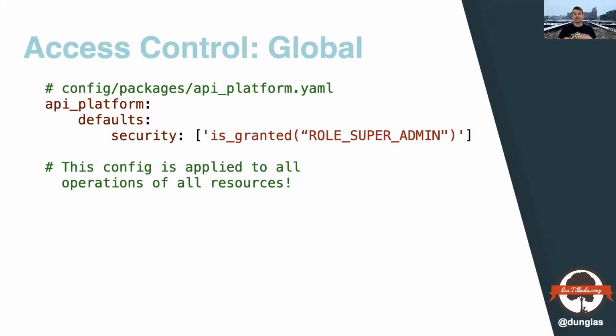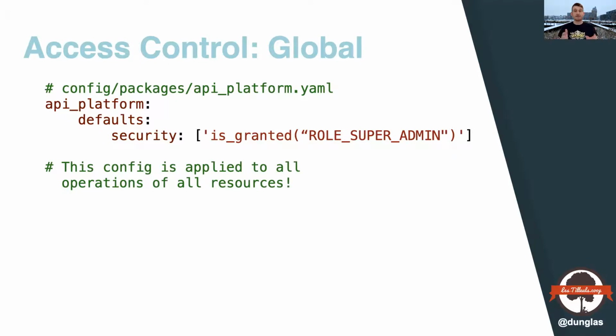Even in previous versions of API Platform, you were able to use the specific expression language integration. Expression language is a Symfony component allowing to write rules like this one, and especially security rules.